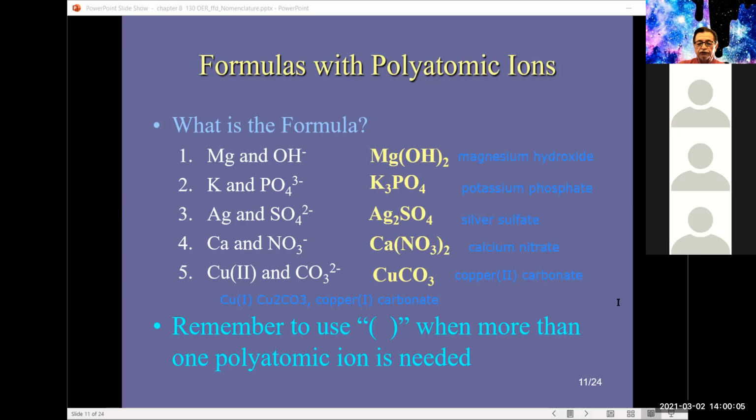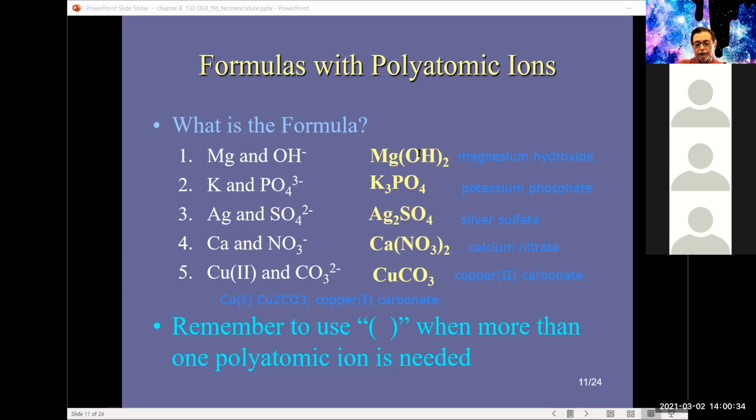Okay, so the thing to remember here with respect to polyatomic ions is that you use the parentheses when you need more than one polyatomic ion. You don't add subscripts. Like up in here, the hydroxide, I've seen before where people would put a subscript on the oxygen, it would be O2H2. That would be incorrect. I have no idea what that is.